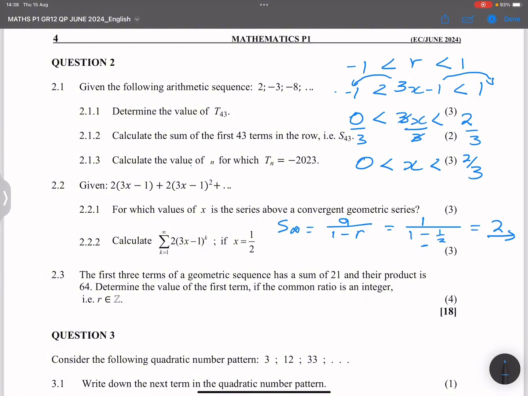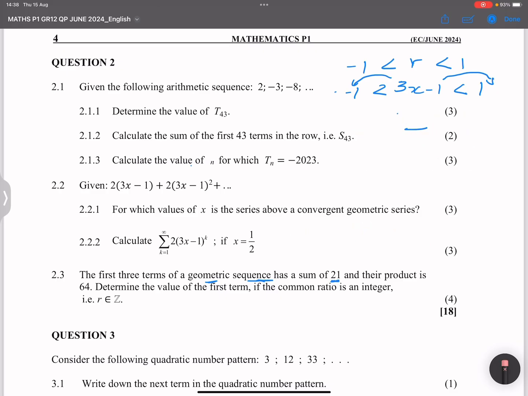All right, so let's get to the last question. They say the first 3 terms of a geometric sequence, so again, it is a geometric sequence, has a sum of 21. Let's write that down. Now remember, for a geometric sequence, we know that the general term is ar^(n-1).